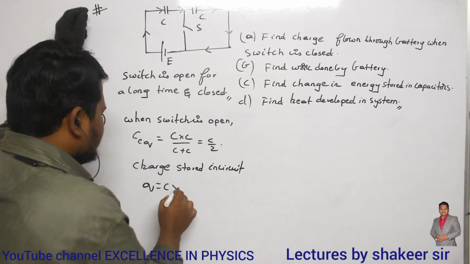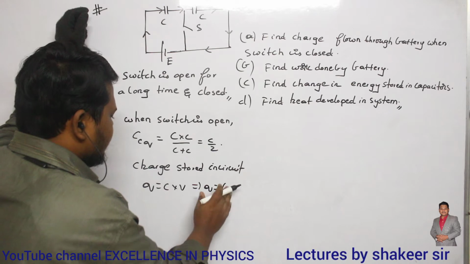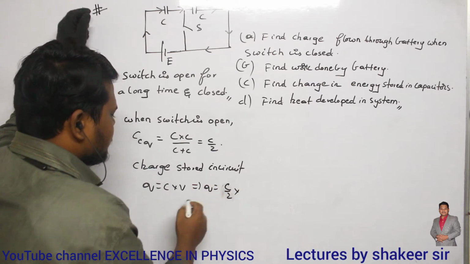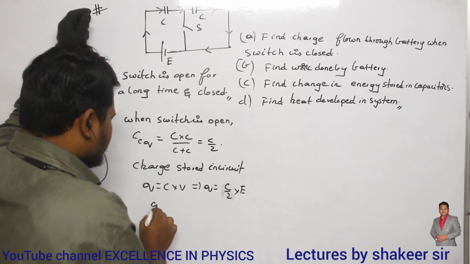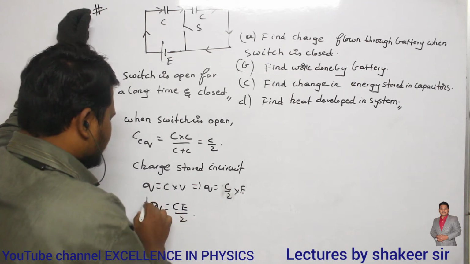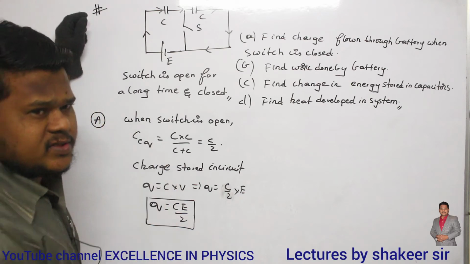Q is equal to C into V, so Q is equal to C by 2 times the potential difference applied, which is E. Therefore the charge supplied is CE divided by 2. This was the initial charge supplied by the battery when the switch is not closed.